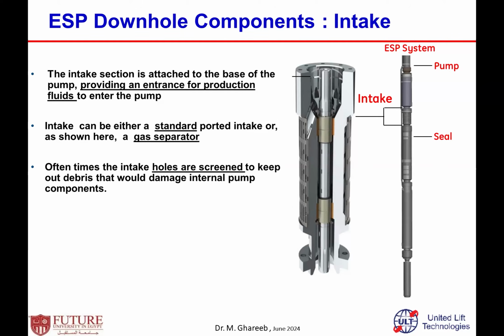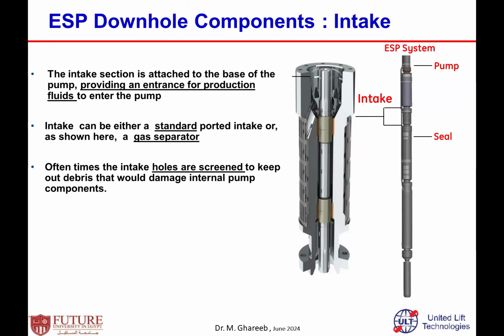In general, since it provides entrance to the pump, the intake can be one of two configurations. Either standard ports, just open holes for the fluid to pass from the annulus of the well, from the downhole of the well, to the pump, or I can use it as a gas separator. Because if there is gas, why not use this as a gas separator to make two functions?